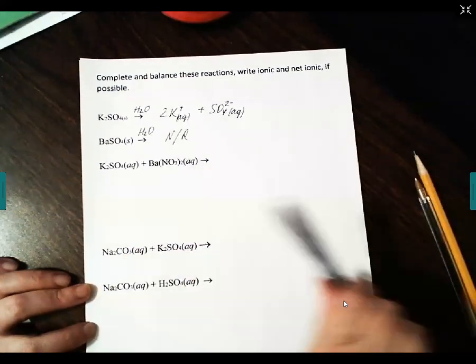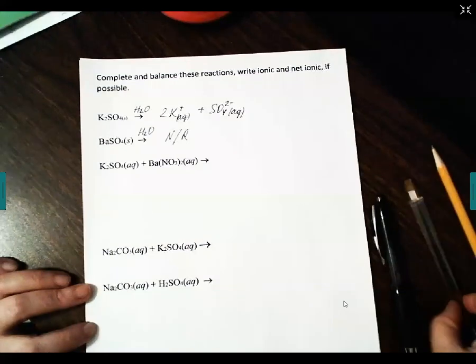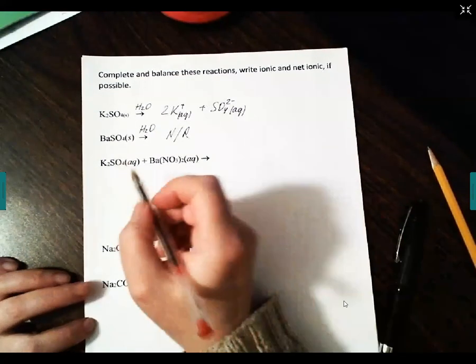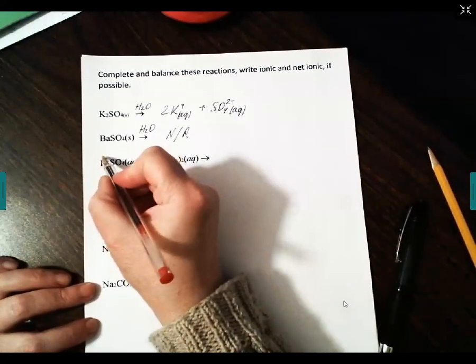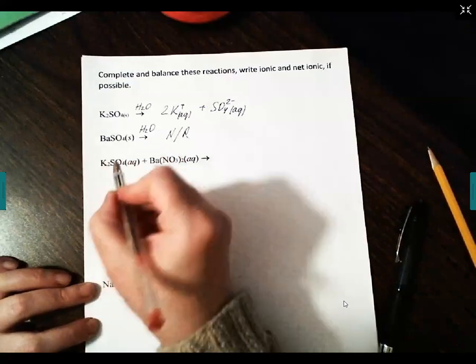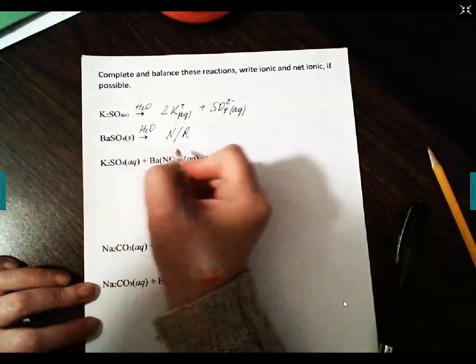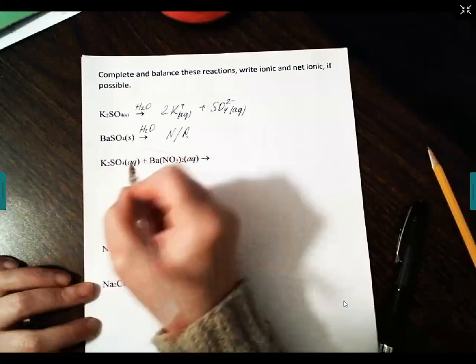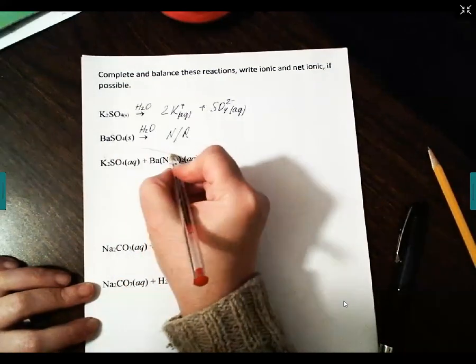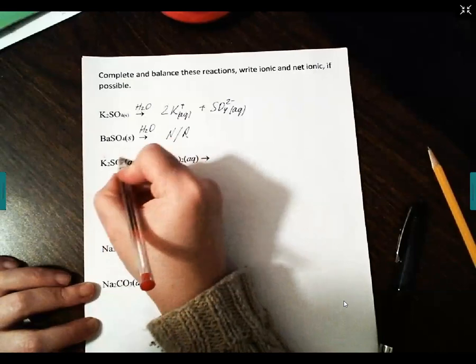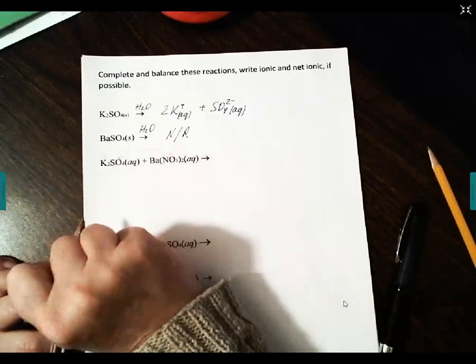So this is a double displacement reaction, meaning that we should combine the first cation with the second anion, and the second cation with the first anion.